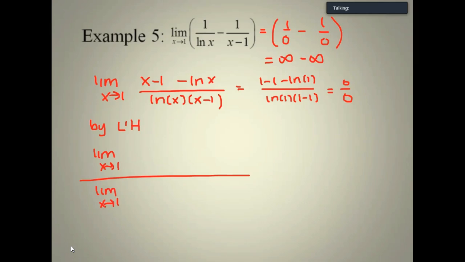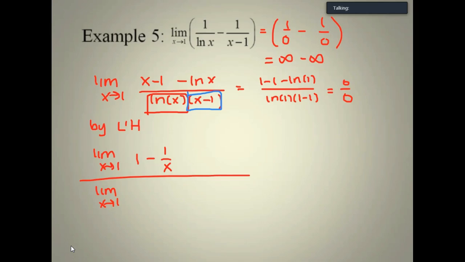Derivative of x is 1. Derivative of negative 1 is 0. Derivative of natural log of x is 1 over x. And then be cautious and aware. The derivative of the denominator is a product rule. First, second. So you have to do the product rule because it's a function times a function.